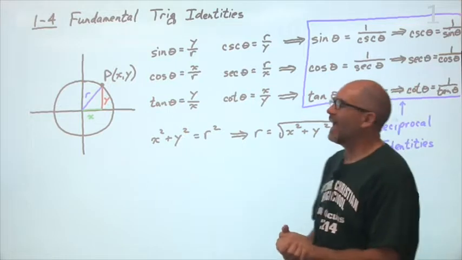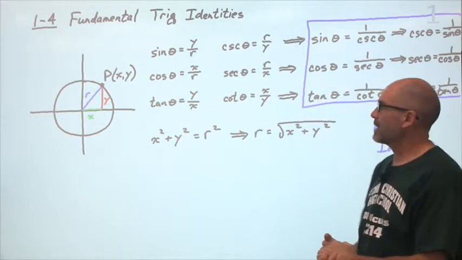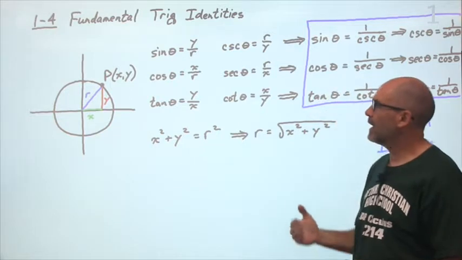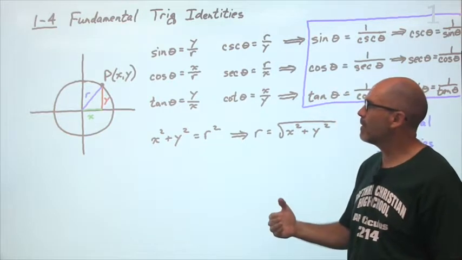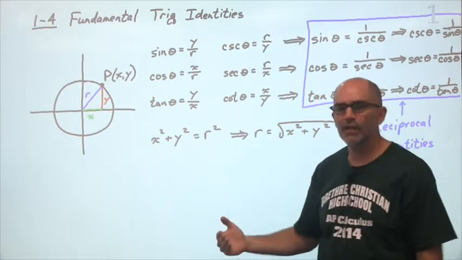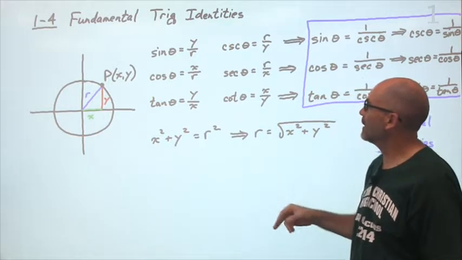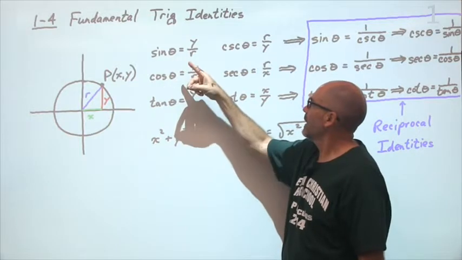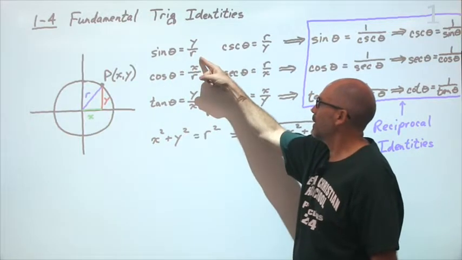Okay, so an identity in mathematics is a statement that is always true. And it can come from a definition. In this case, that's what it does. Sine of an angle equals opposite over hypotenuse.